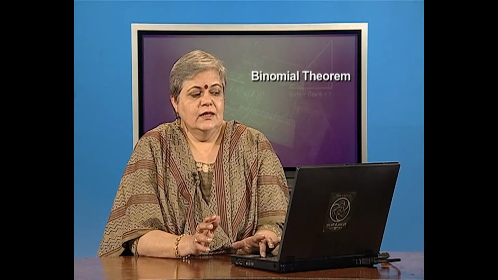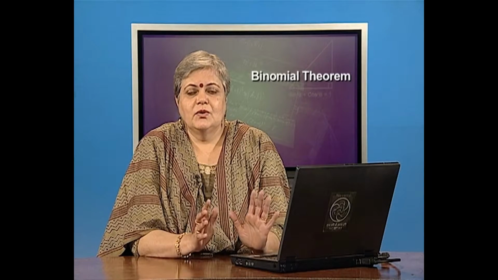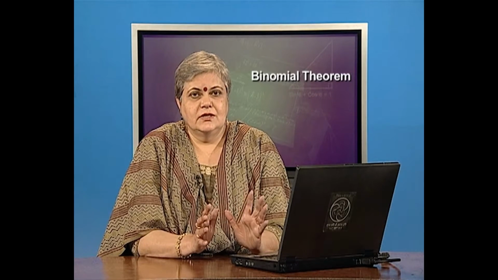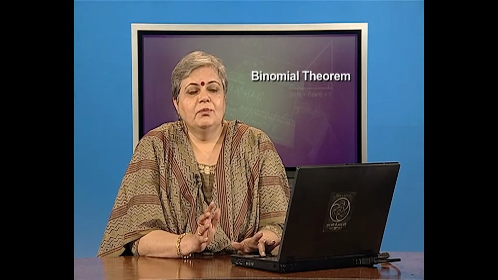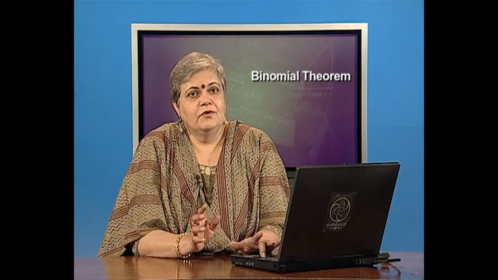So, we say that the coefficient of x to the power r in the expansion of 1 plus x whole to the power n is nCr, and we also say it is the same as the coefficient of the (r plus 1)th term in the expansion of 1 plus x to the power n. So, they become one and the same, simply because there is no other constant number contributing to each term, and therefore our problems will be framed around this idea, and here is our first one.